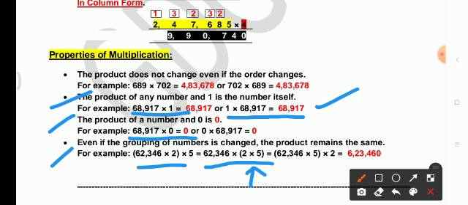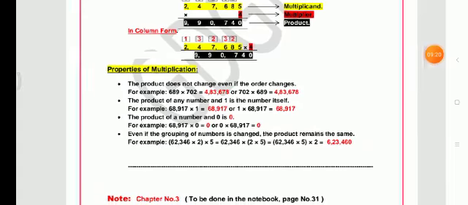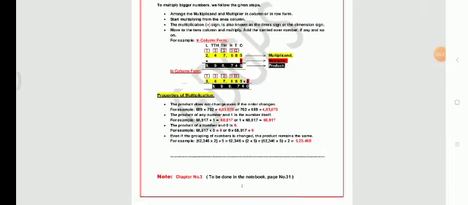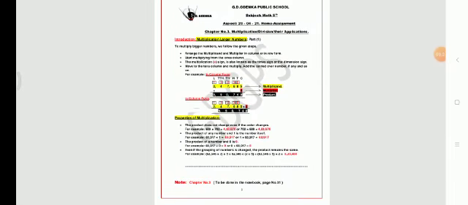It will be equal to 62,346 multiplied by 5 and then multiplied by 2. So the answer of these three numbers is equal to 6,23,460. Students, I hope you got what multiplication is and what are its properties.